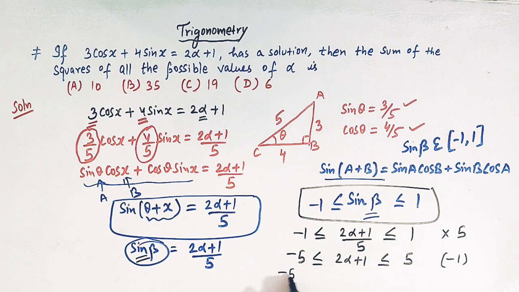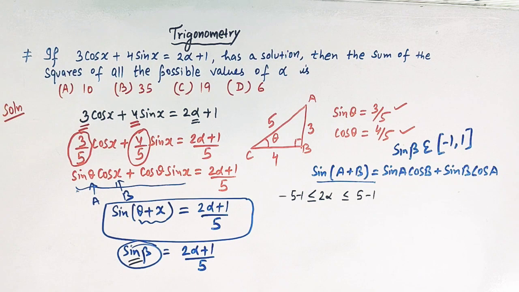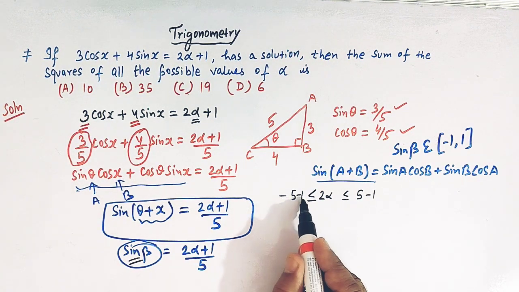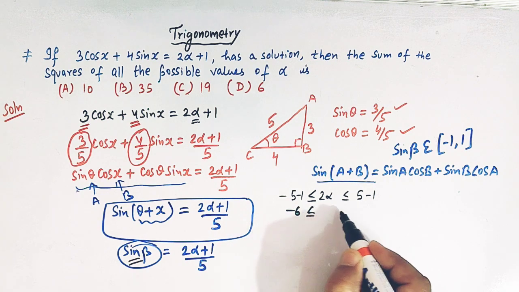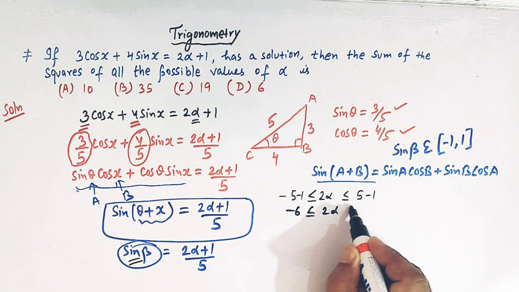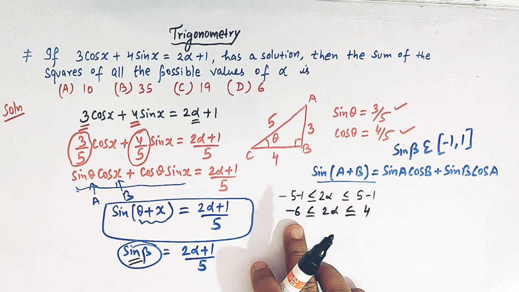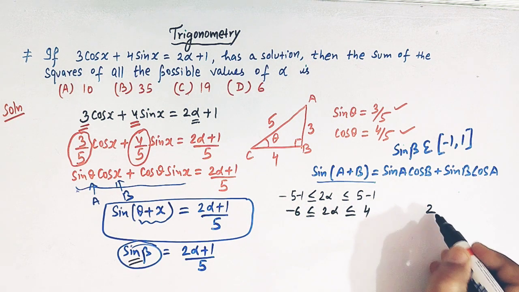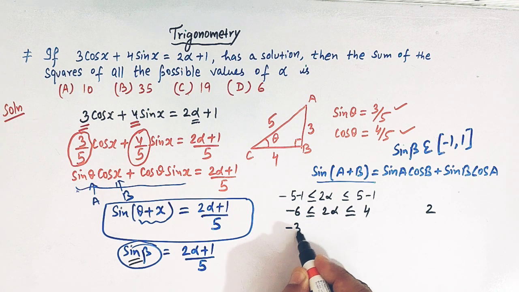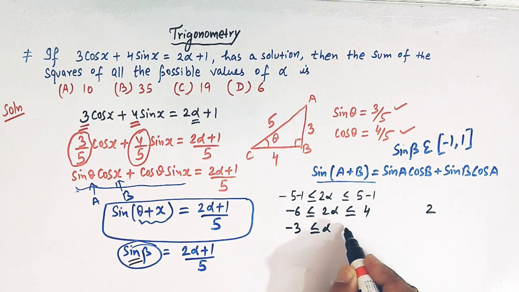So we have minus 5 minus 1, here we have simply 2 alpha because 1 minus 1 is 0, and here we have 5 minus 1. Minus 5 minus 1 is minus 6, here we have 2 alpha, and this is 4. Now let us divide throughout by 2. So we have minus 3, here alpha, and here 2.